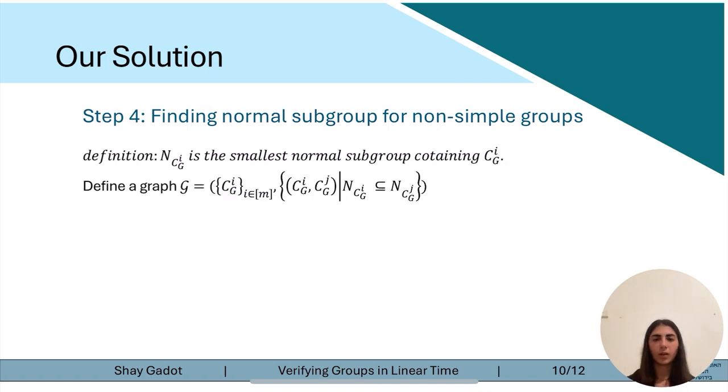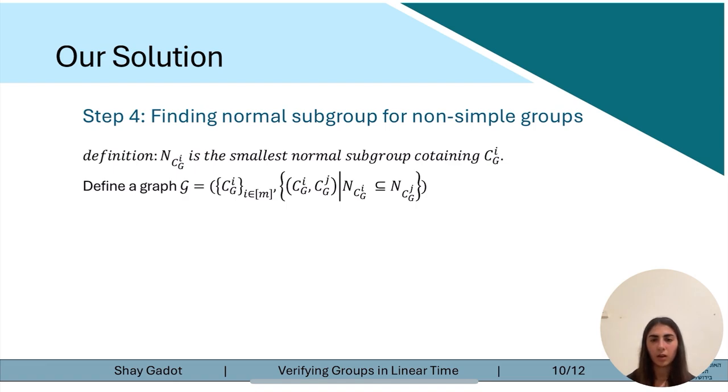So we define a graph G to be a graph whose vertices are the conjugacy classes of the group G, and we span an edge from CGI to CGJ if the smallest normal subgroup containing CGI is contained in the smallest normal subgroup containing CGJ.